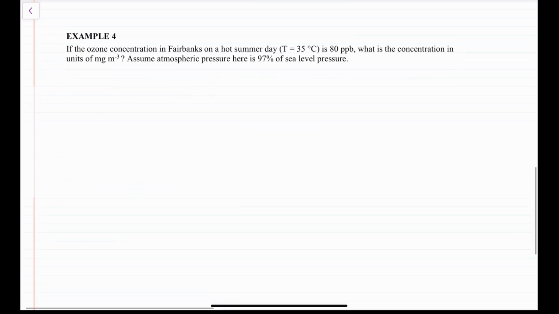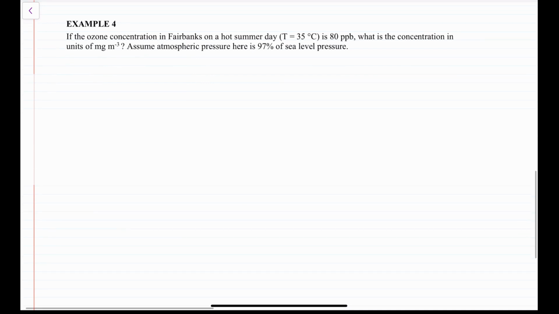Let's do another problem, example 4. In this case, we have to do the opposite. We are given a concentration of ozone in Fairbanks on a hot summer day is 80 parts per billion, and we need to convert this to the units of milligram per meter cubed. So let's quickly jot down what we are given. Ozone concentration is 80 ppb, parts per billion, and then we have to find what is the value in milligram per meter cubed.